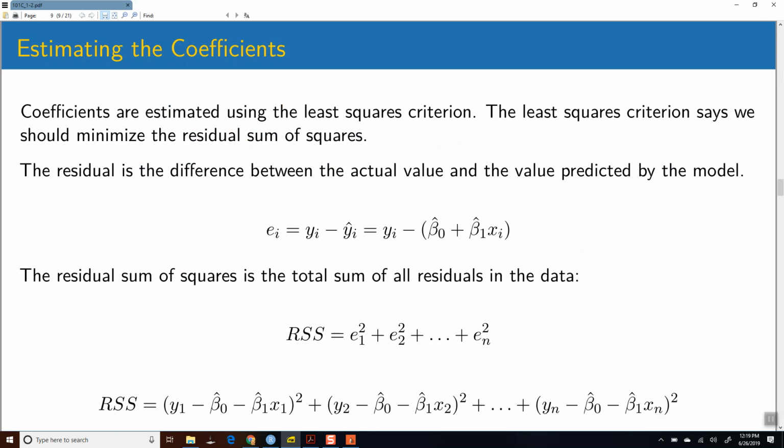So the residuals are going to be the difference between the actual value, the y sub i, and the predicted value, y hat. The y hats rest on the fitted line, and the y sub i's are the actual values themselves.